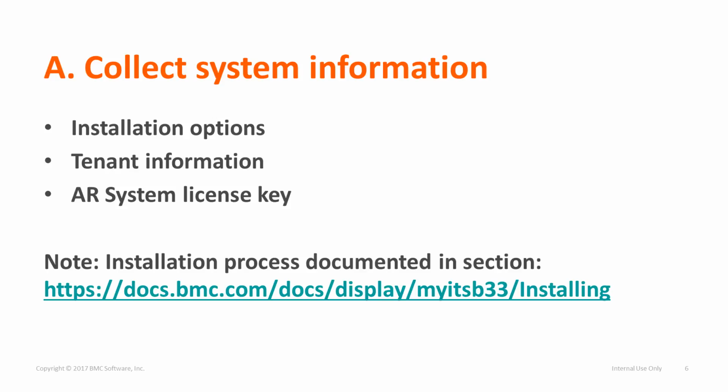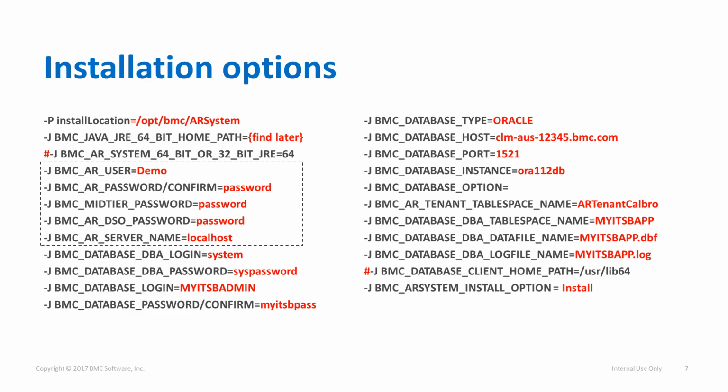The kind of information that you need to collect are all the values that you're going to need to eventually fill out your configuration forms and complete prompts. All these are documented in the installing section under the MyIT 3.3 docs. But the first category are all the installation options that are run in your options.txt file.